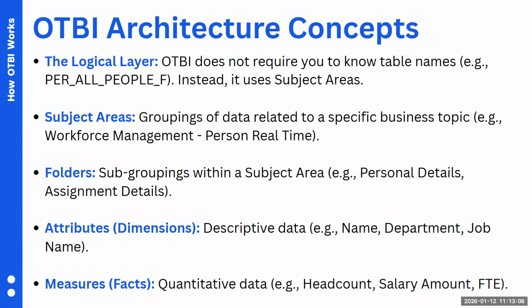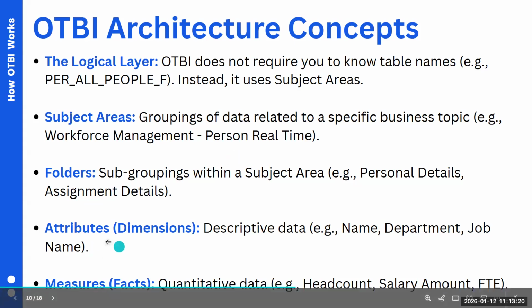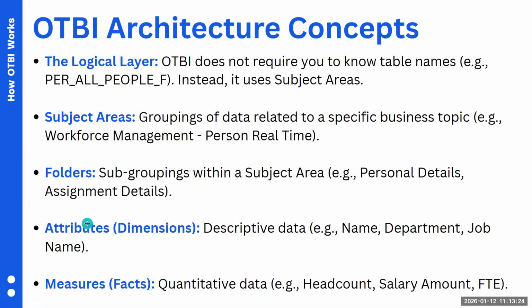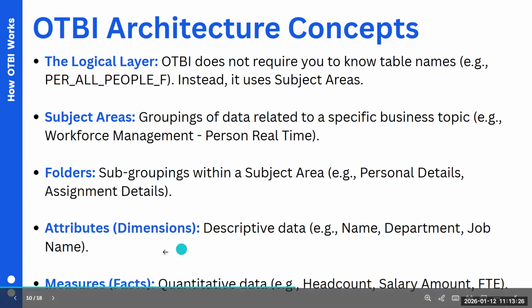Okay, folders. Within the subject area there are so many folders, and within the folders, so many attributes. You just have to click and drag and drop. Dimensions are called attributes or columns, and facts or measures are the values.